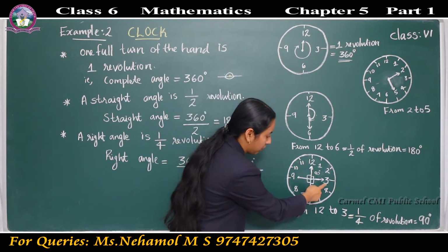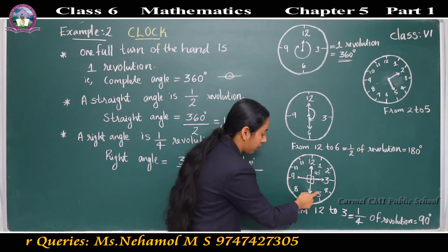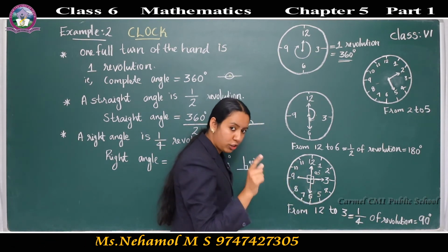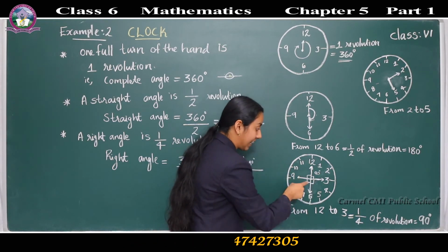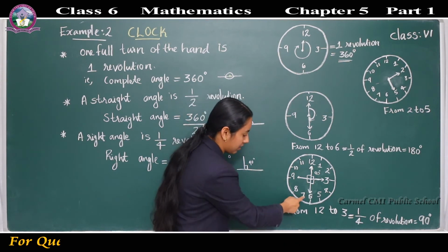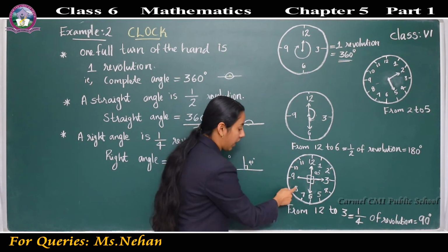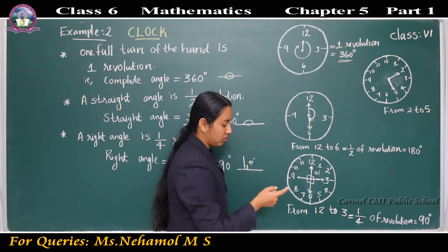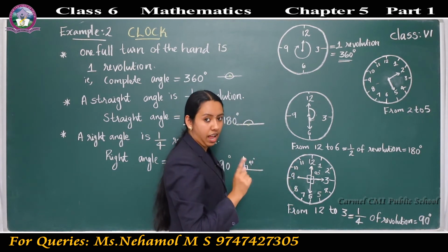Consider this one, from 3 to 4, 1 hour, 4 to 5, 1 hour, 5 to 6, 1 hour. So there are 3 hours in between a right angle. Here also, 6 to 7, 7 to 8, 8 to 9, so there is a distance of 3 hours in between a right angle.